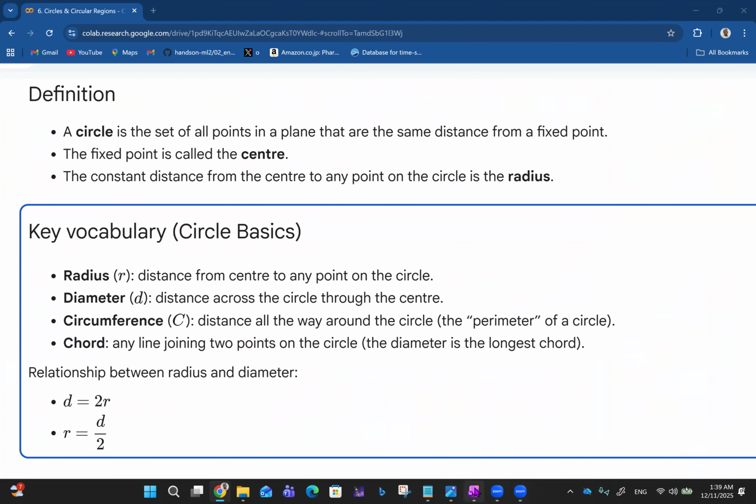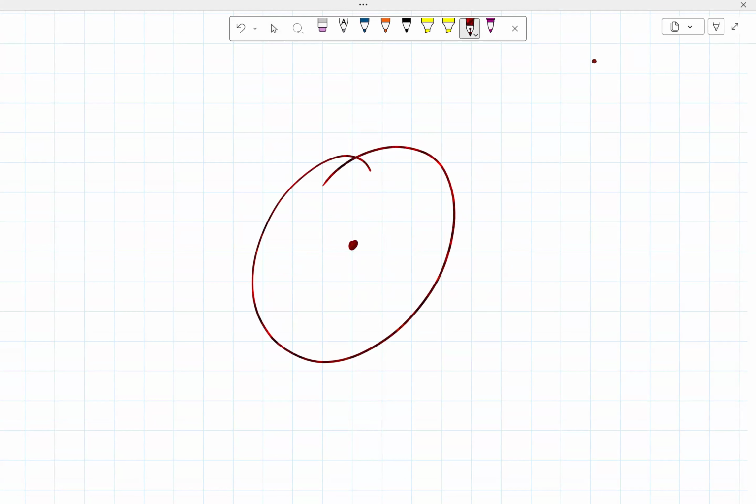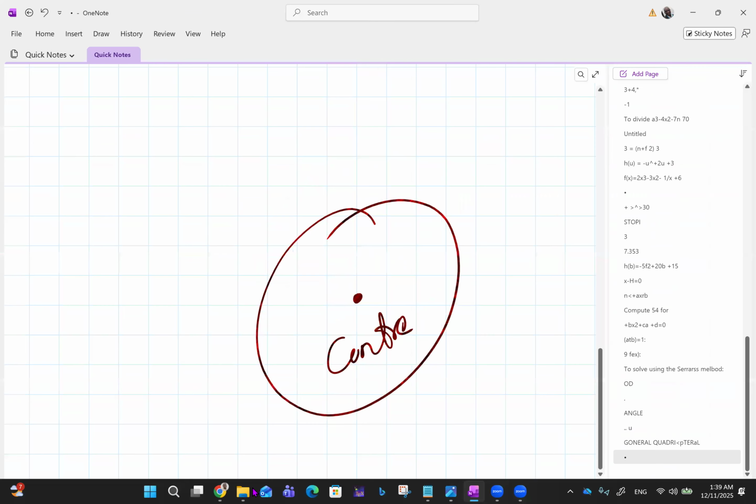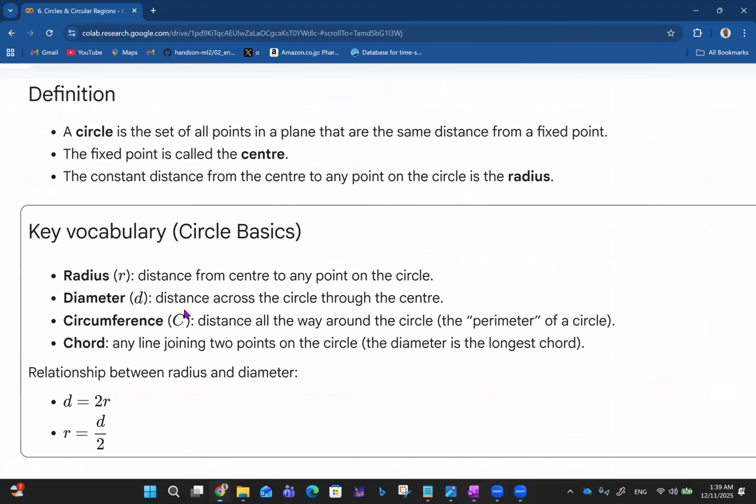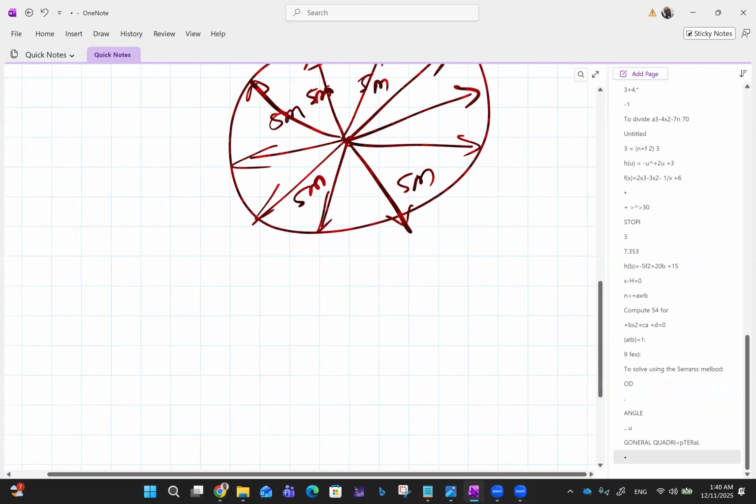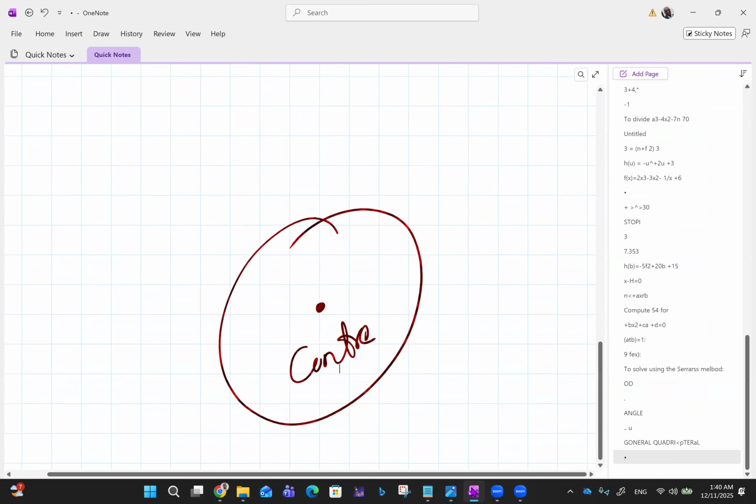The constant distance from the center to any point on the circle is the radius. You saw me having this 5 meters all the way; that 5 meters is what you call a radius.